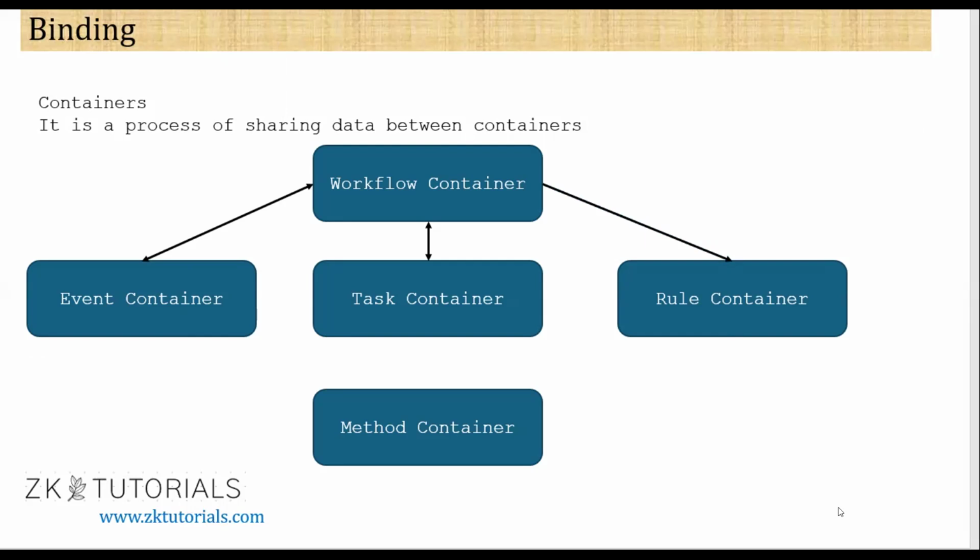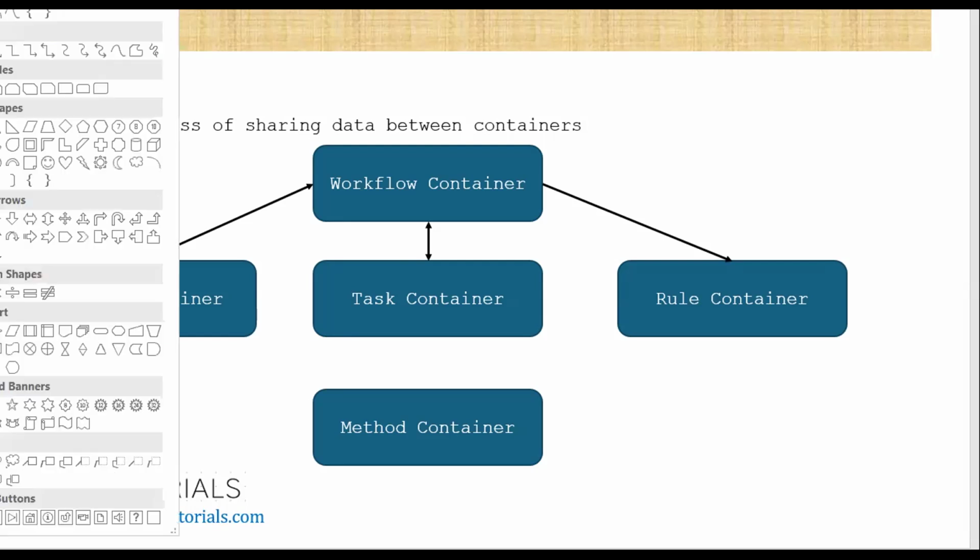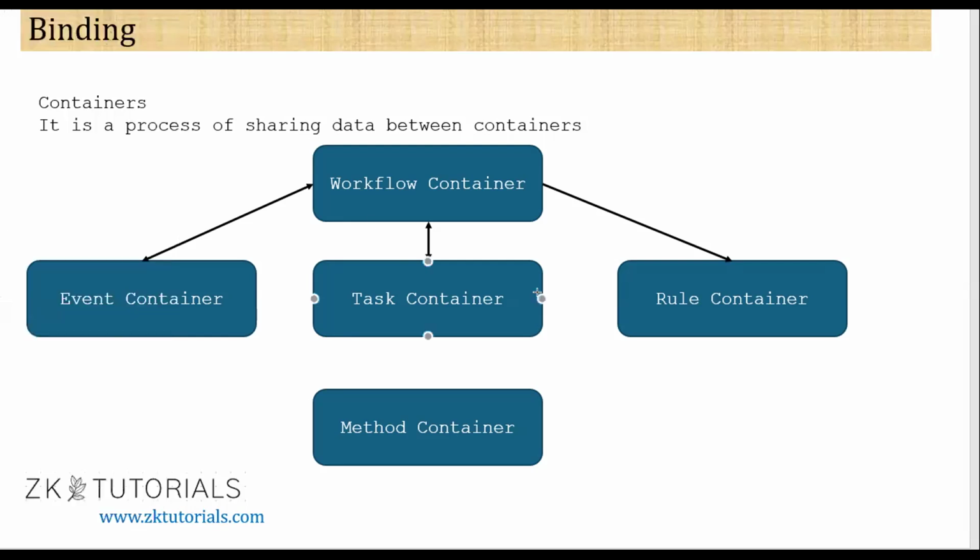So indeed, the rule container can never send data to any container. It can only receive data from two containers, the workflow container and the task container. Correct, guys? It cannot receive data from the method container or the event container, nothing. So that is all about the task container and the rule container.